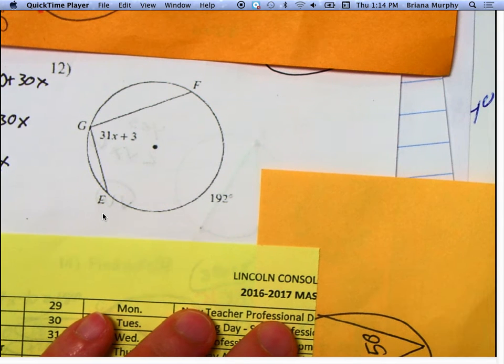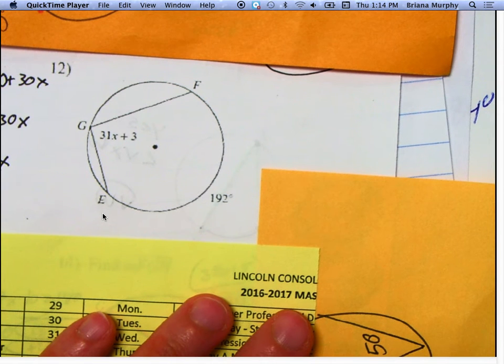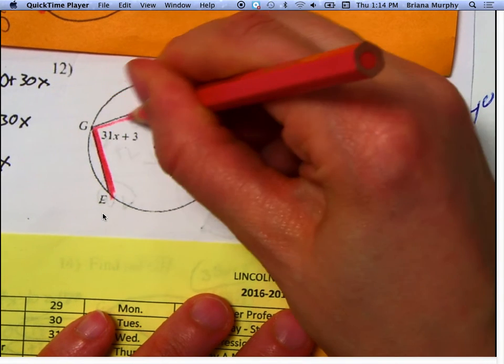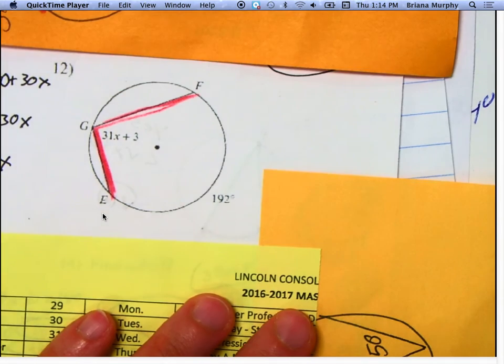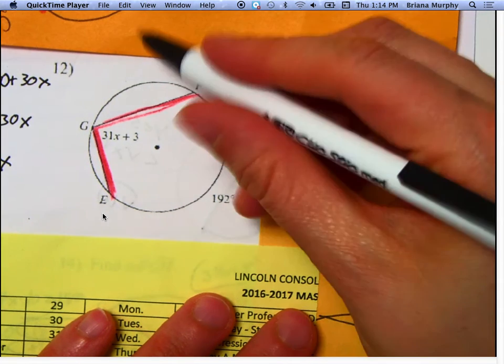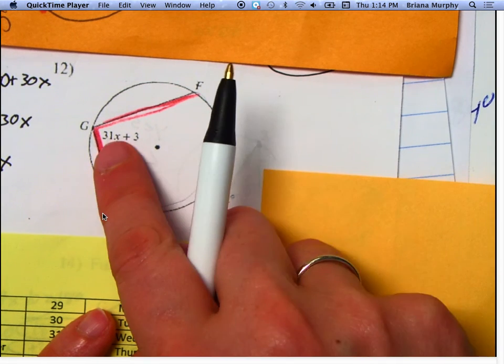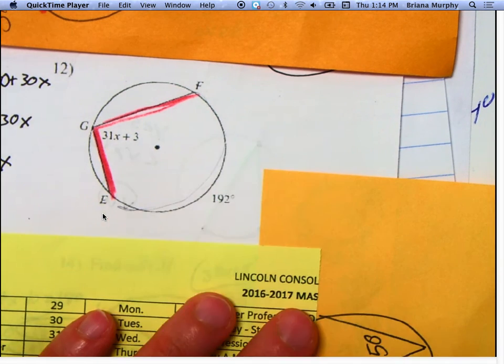All right, well, we're looking at number 12. Okay, do we see this angle right here? Do we agree that that angle is half as big as this arc? So if I want to find out this, do I set them equal to each other? What do I do? I know the angle's half as big as the arc. The arc is 192. What am I going to do?